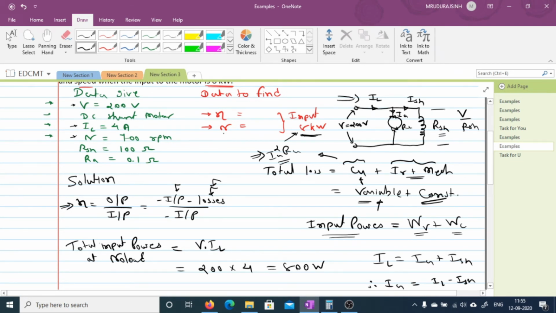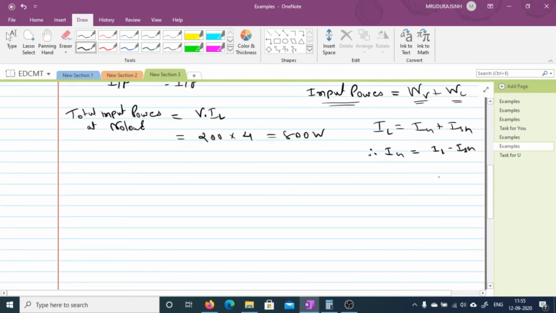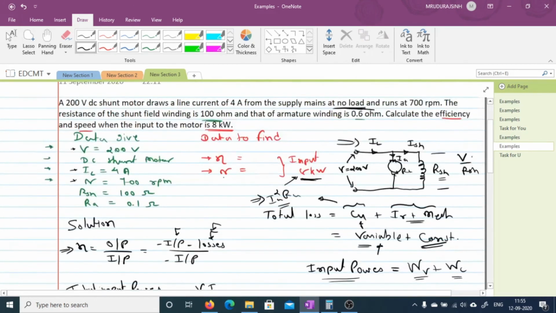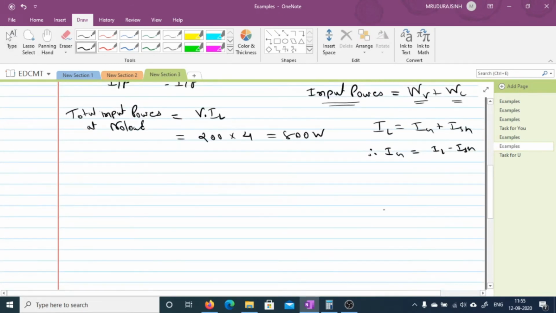So voltage across these 2 points is 200 volt and RSH is 100 ohm. So ISH is equal to V by RSH is equal to 200 by 100 gives us 2 ampere. So over here just place 2 ampere, IA is equal to 4 minus 2 gives us 2 ampere of armature current.